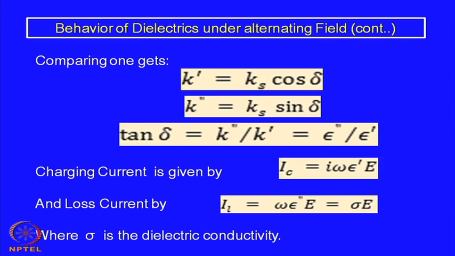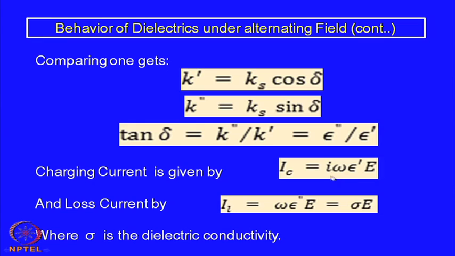Now, from these equations one can find that there are two components of the current. One is called the charging current, which is out of phase with the voltage or the electric field you apply.